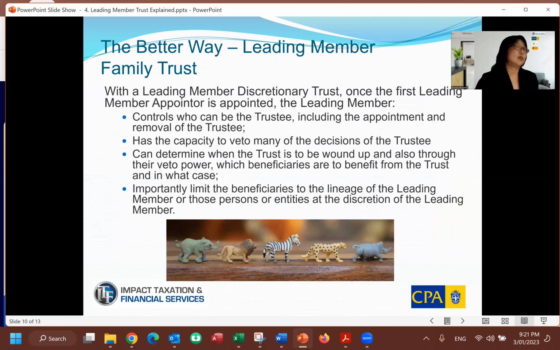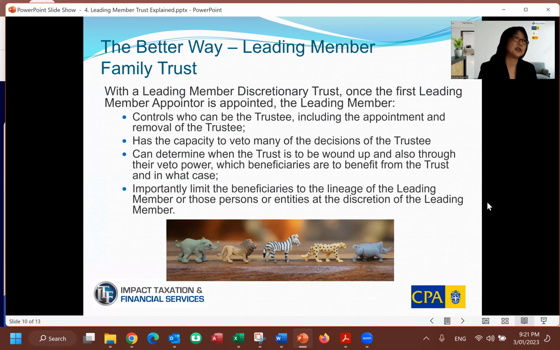And what is going to be a better way? This is where we lead to the concept we're introducing here, the leading member family trust. With the leading member discretionary trust, once the first leading member appointor is appointed, the leading member will control who can be the trustee, including the appointment and removal of the trustee.